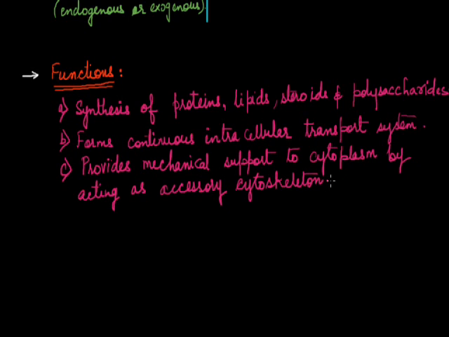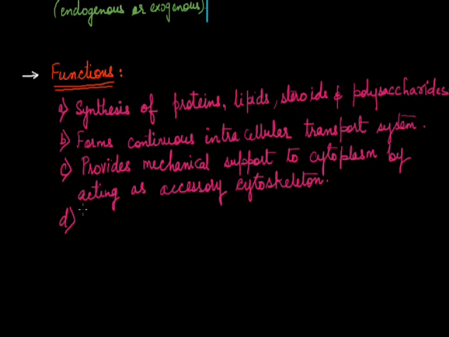Both functions, the transport system and the mechanical support system, exist because the endoplasmic reticulum forms a continuous channel-like system running from the plasma membrane to the nuclear membrane. Also, the endoplasmic reticulum helps in membrane biogenesis. Especially the vesicles are involved in the formation of the nuclear membrane at the telophase stage of cell division.